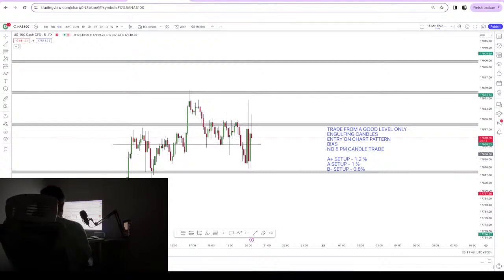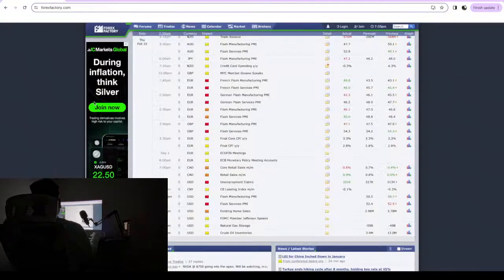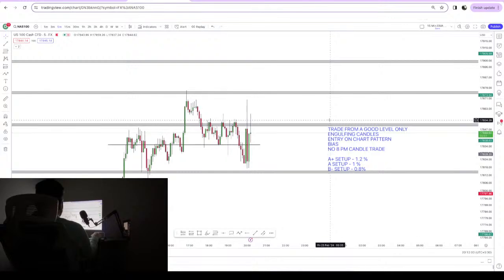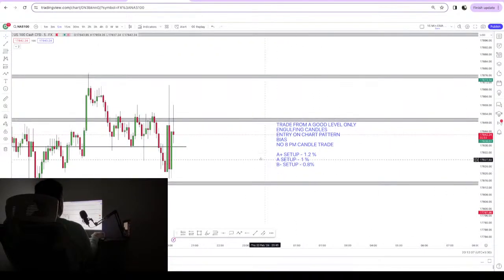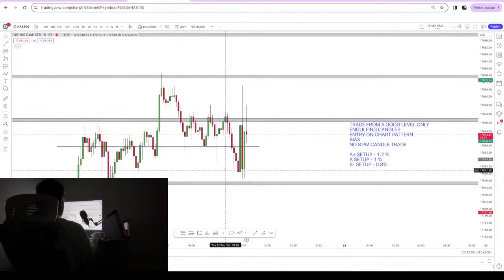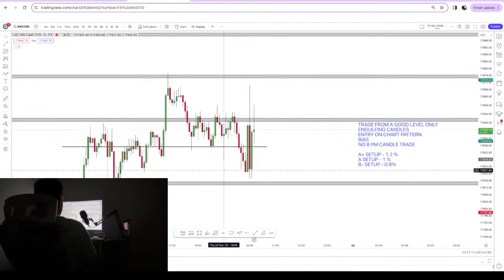This high volatility is due to a high impact news impending at 8:15. So we have to be extra cautious today. We can't take any loose trade until and unless we are having a clear cut trade. We will not take any trade.